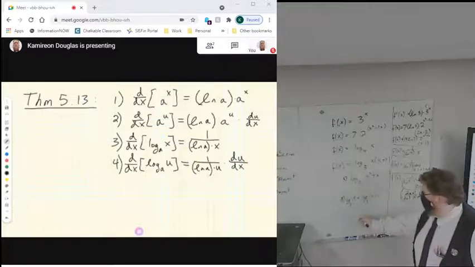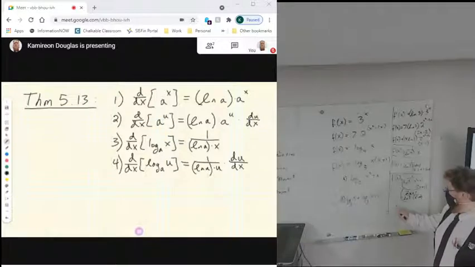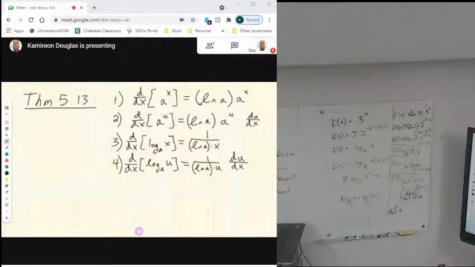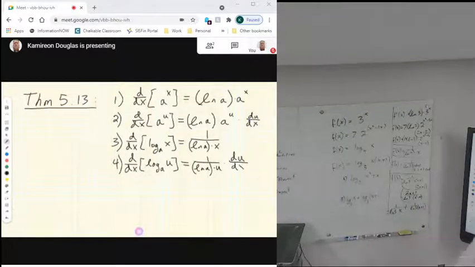This first one would become 1 over ln of 3 times x, because that one is just your basic rule 3. The second one, plus 1 over ln of 3 times x plus 1. The derivative of x plus 1 is also 1, so that's actually fine.